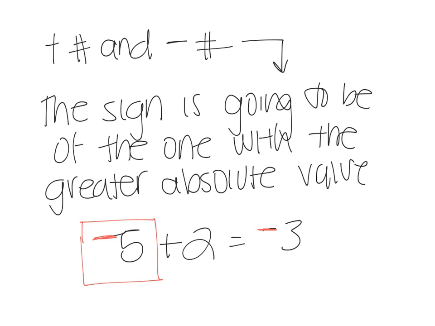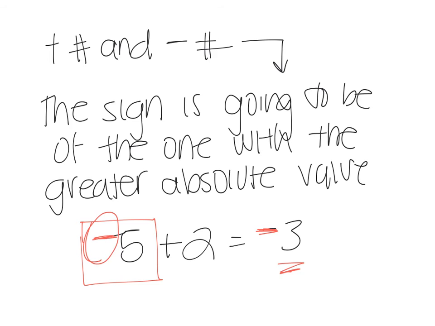Now, are we technically adding these numbers? 5 plus 2, is it adding? Not at all. What we ended up doing was removing the addition sign and pretending to subtract, right? So 5 minus 2 gives us 3. And then we take the sign of the number with the greater absolute value and keep it, okay? That is an abstract rule for doing these integer addition problems.